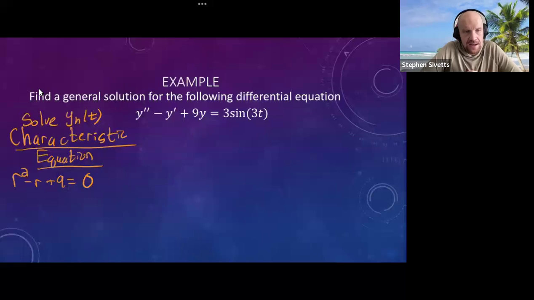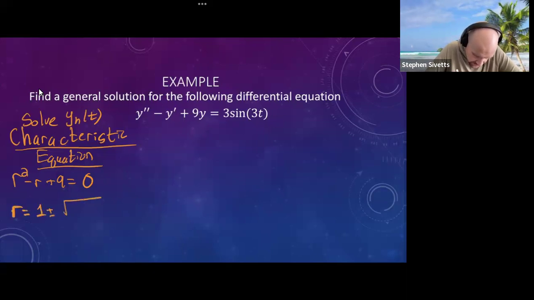The factors of 9 are 1, 3, and 9, and there's no way we can get a sum of -1 by using those three numbers. So we're going to use the quadratic formula. r is equal to 1 plus or minus the square root of -1 squared minus 4 times 1 times 9, over 2.